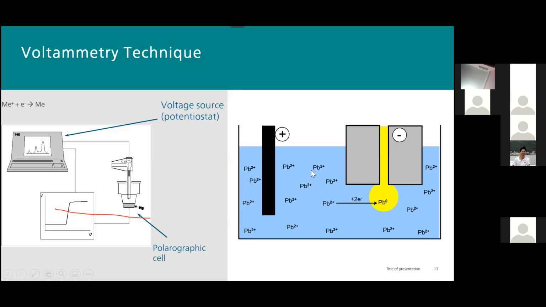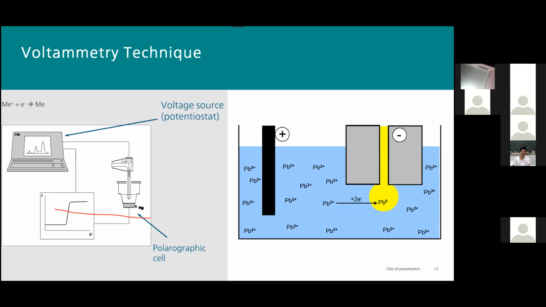When we apply the voltage, the lead ion will be transported to the cathode.